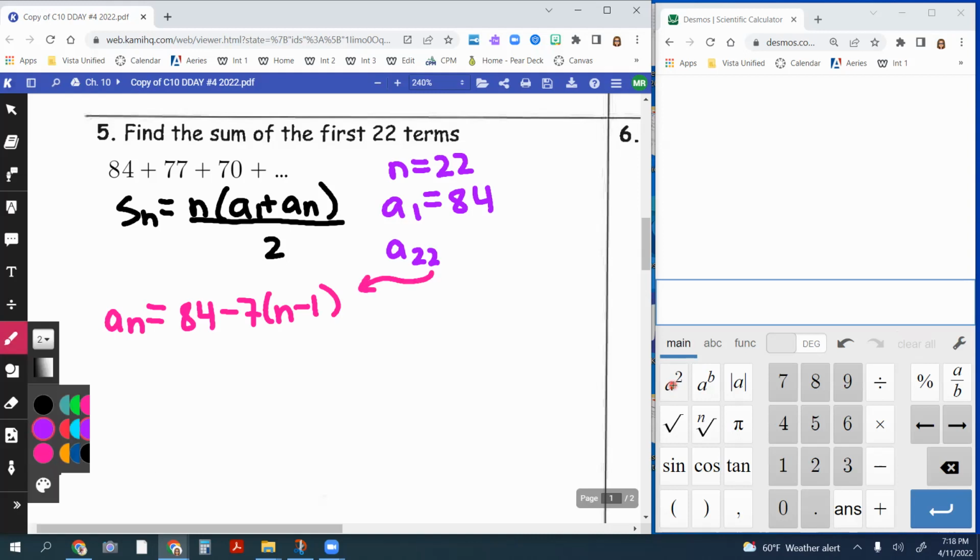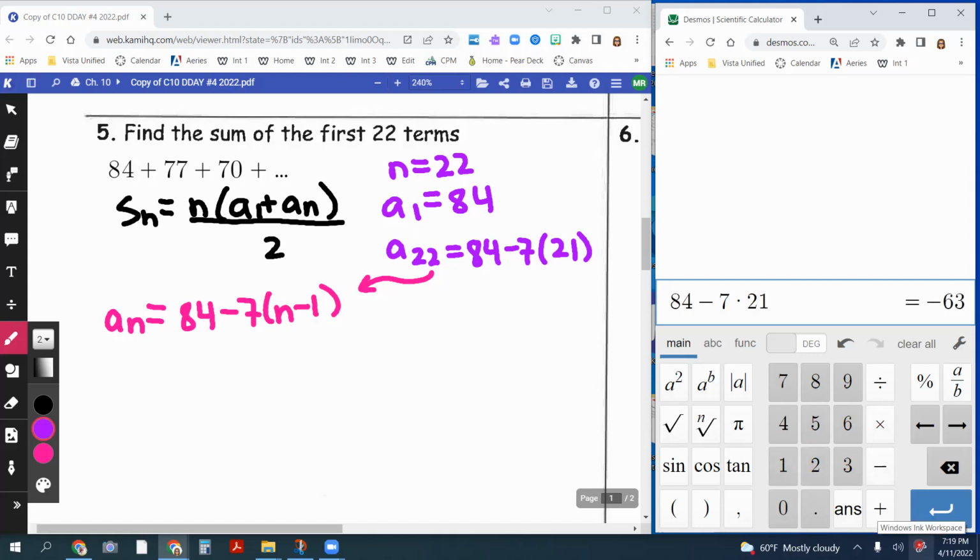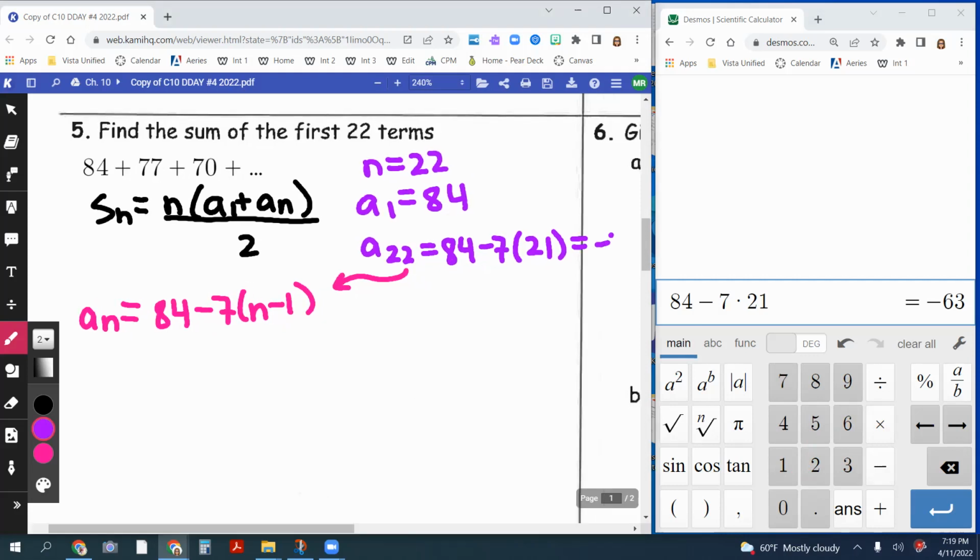And so when I plug 22 in, I'm going to have 84 minus 7 times 21. When I do that math, I end up with a negative 63. Okay, so that's going to be my a sub 22.